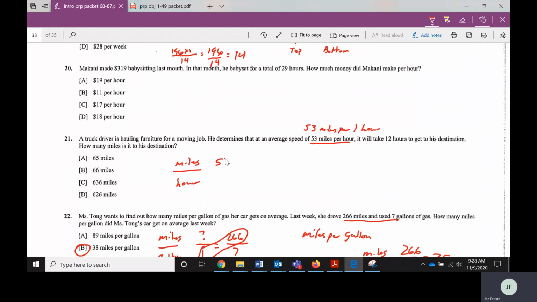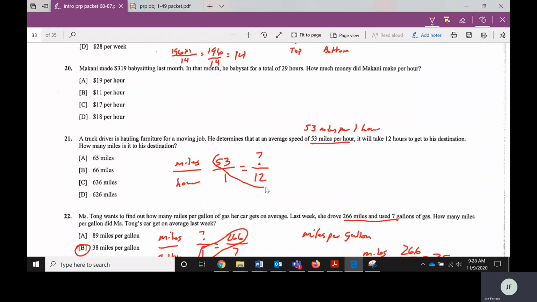Okay. Now there's other ways you can go about solving this, but I think this is just the easiest way with what we've been looking at, 53 per 1 hour. And it says 12 hours, so we want to put that down below. Okay, and we want to know how many miles that is.